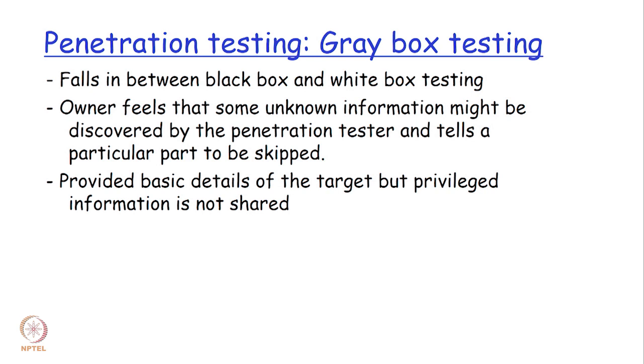So, in between black box and white box testing, you have grey box testing, where the customer or the owner feels that some part of the information that has not been disclosed publicly could potentially be detected by the penetration tester, and therefore tells them that one part of the entire system or the network, or one part of the application, whichever is the target being tested right now, need not be tested at all.